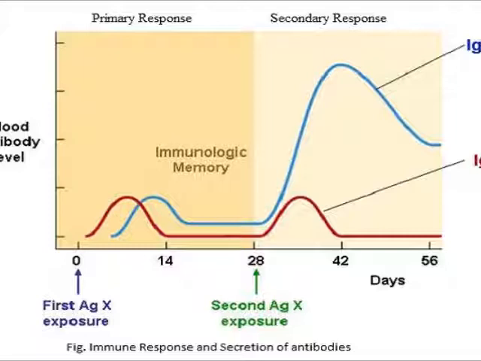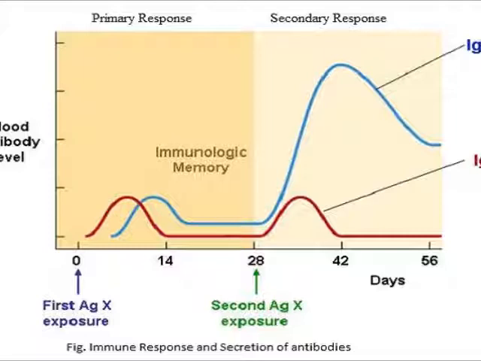In the primary response, the affinity of the antibody for its antigen is much lower, but there is a much greater affinity for that antigen by the antibodies in the secondary response. In the primary response, the activity is mainly found in the lymph nodes and in the spleen, but in the secondary response, the activity can be found in the bone marrow first, mainly in the bone marrow, and then the spleen and lymph nodes follow suit.